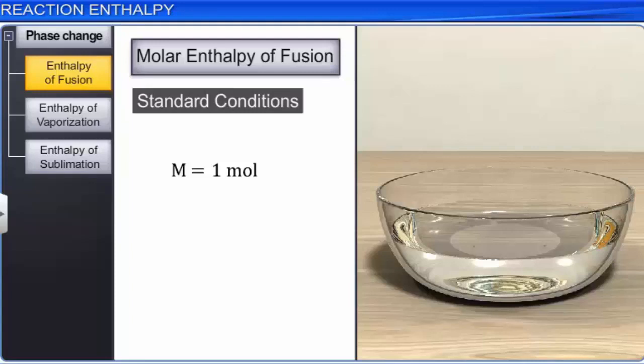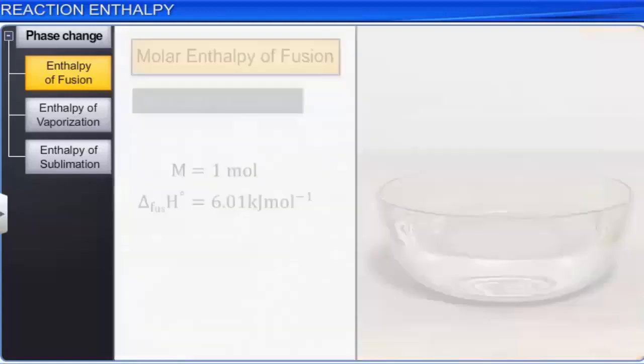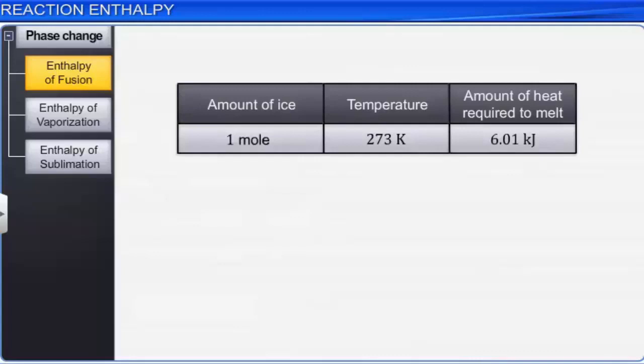It is also called the molar enthalpy of fusion and is represented as delta fusion H naught. For example, the amount of heat required to melt 1 mole of ice at 273 Kelvin is 6 kilojoules. Thus, we can say that the molar enthalpy of fusion of ice is plus 6 kilojoules per mole.